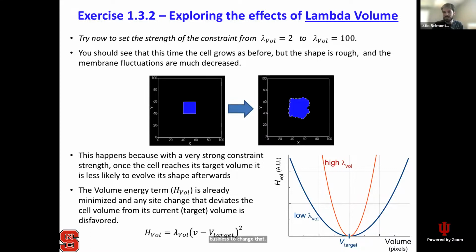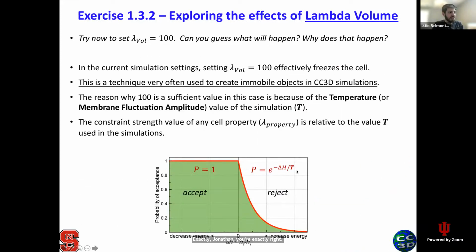Exactly, Jonathan, you're exactly right. So when you change your energy, you're not changing energy in this region, you change energy all the way here. So it's much harder for you to accept those lattice site flips that evolve the cell shape.